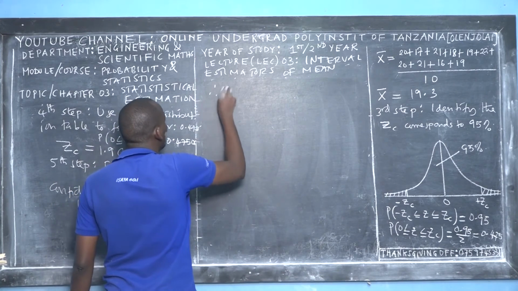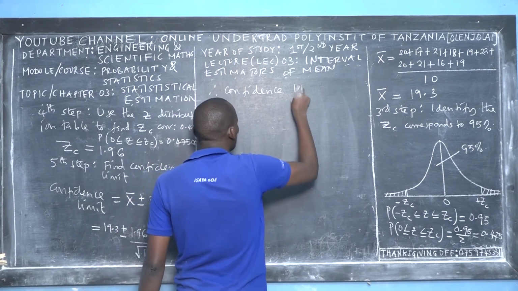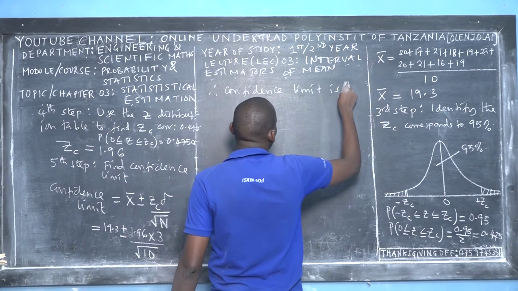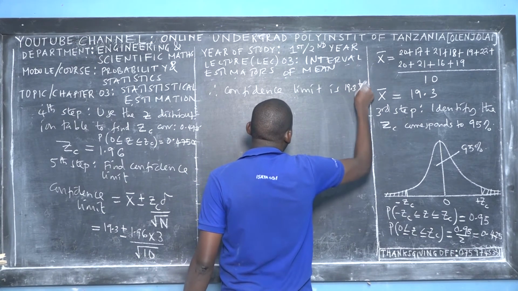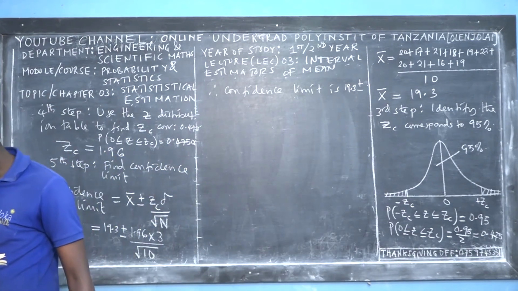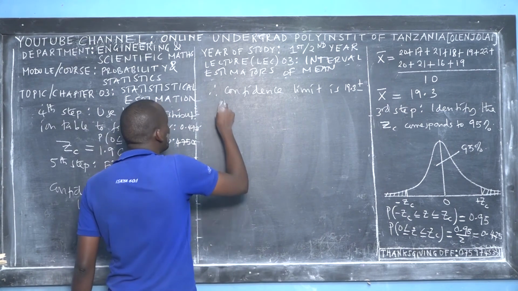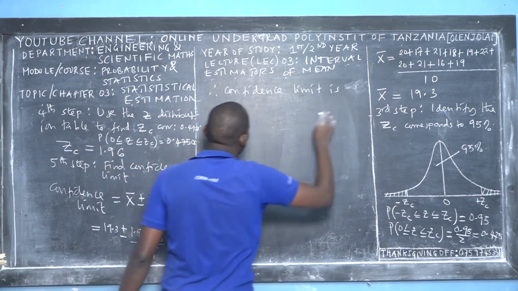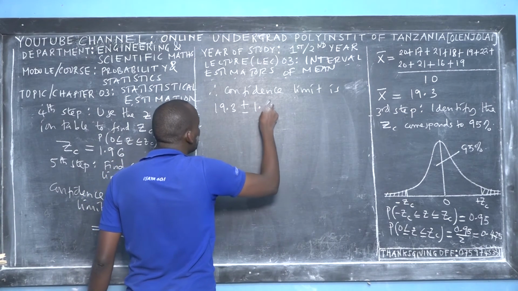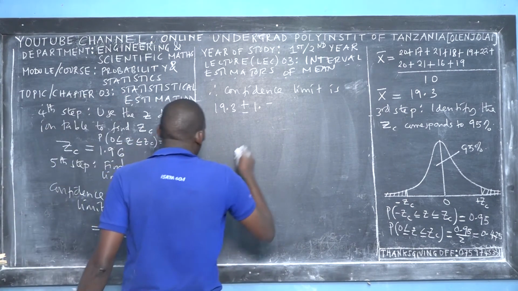So the confidence limit constructed is given as 19.3 plus or minus, and if you do this computation, you'll find that it is 1.859. So it is 19.3 plus or minus 1.859.